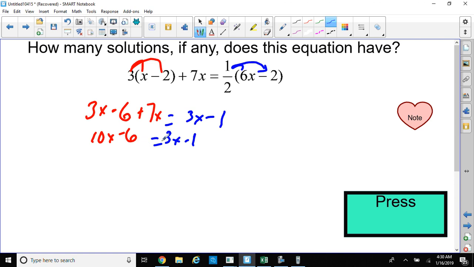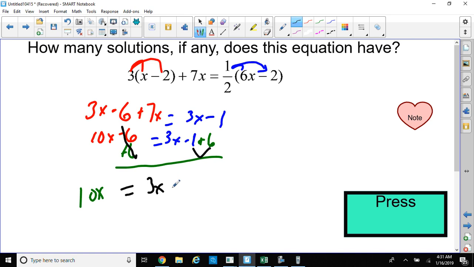So let's do some solving for x just to see what we get. So let's bring our plus 6 to this side and plus 6 to this side. We'll have 10x, the 6's cancel out. And we have 3x and a minus 1 and a plus 6 equals a plus 5. So we subtract because the signs are different. Now we're going to subtract 3x, minus 3x.